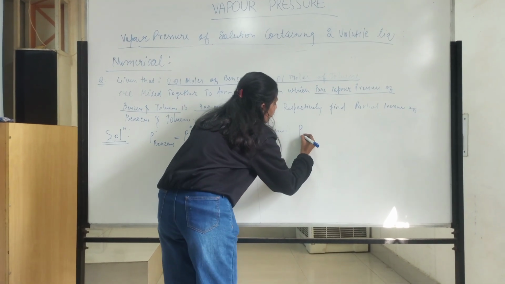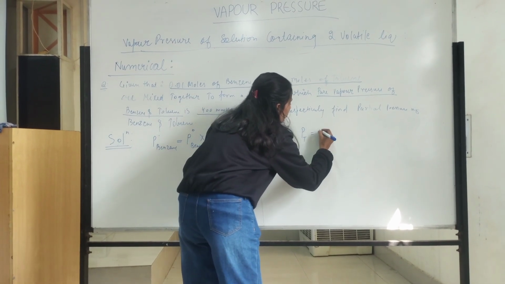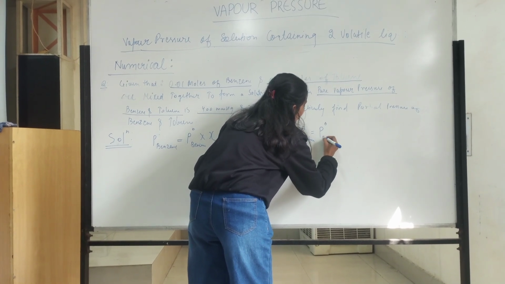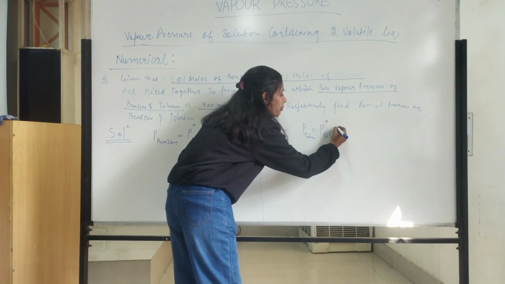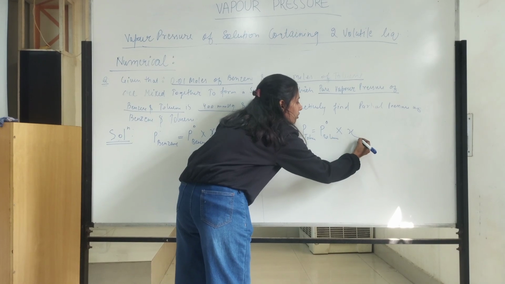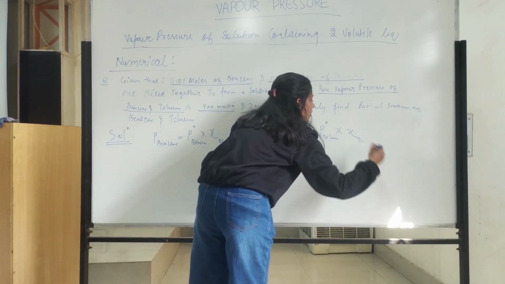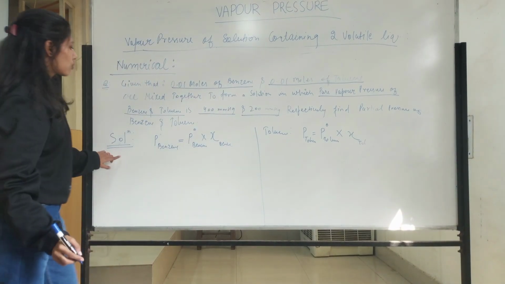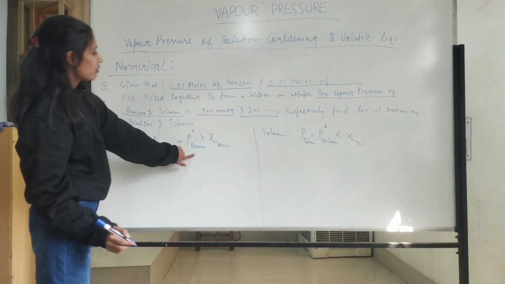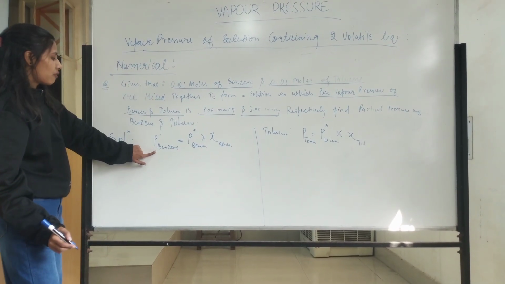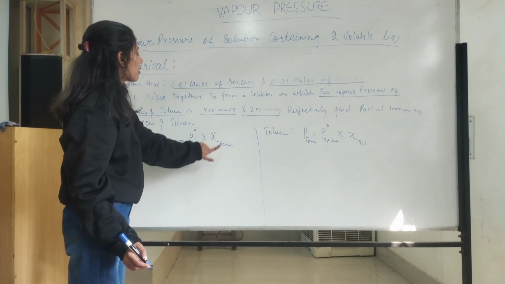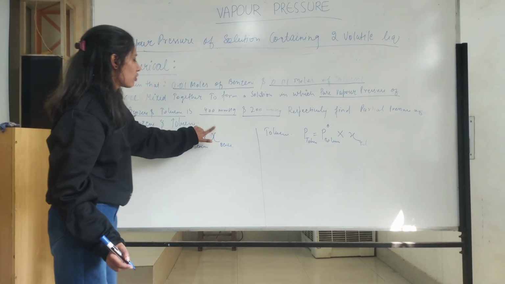Partial pressure of toluene is equal to pure vapor pressure of toluene multiplied by mole fraction of toluene. So we have been given the pure vapor pressure, and we have been given the moles. So with the help of moles we can easily calculate the mole fraction.